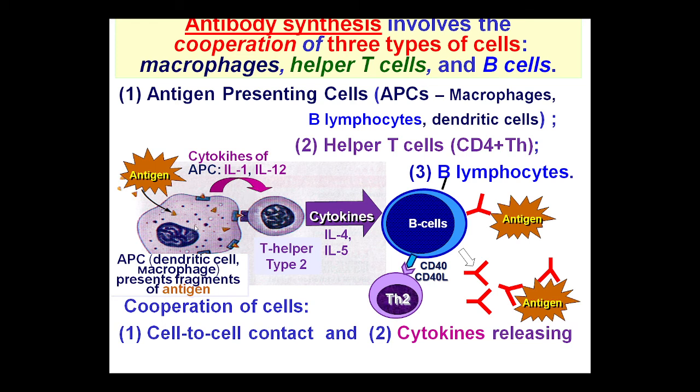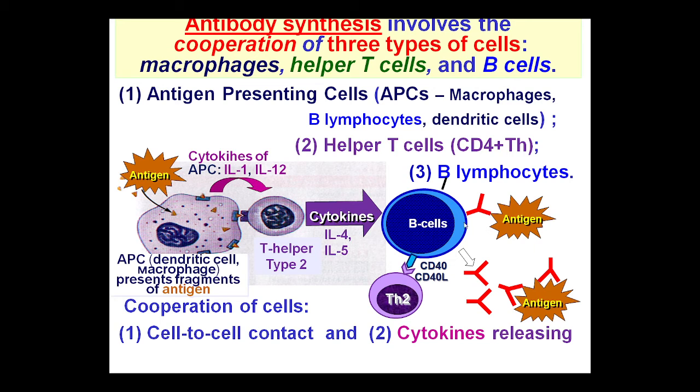Antigen-presenting cells engulf pathogen, destroy pathogen, isolate from it antigenic determinants, and present these determinants together with MHC2 molecule to T helper cells. T helper cells, by recognizing antigen through T cell receptors, become activated and mature to T helper type 2. T helper type 2 release interleukin 4 and 5.